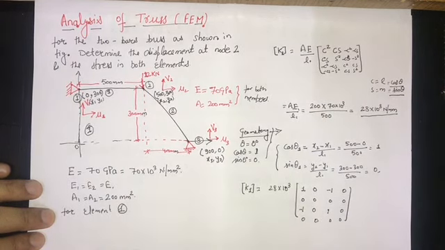So we get the 4 by 4 matrix. So it is the stiffness matrix for element 1.